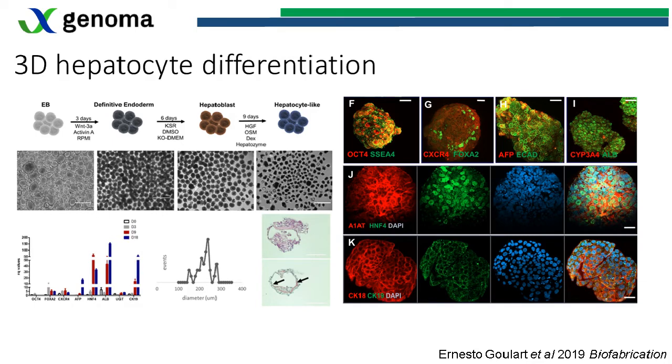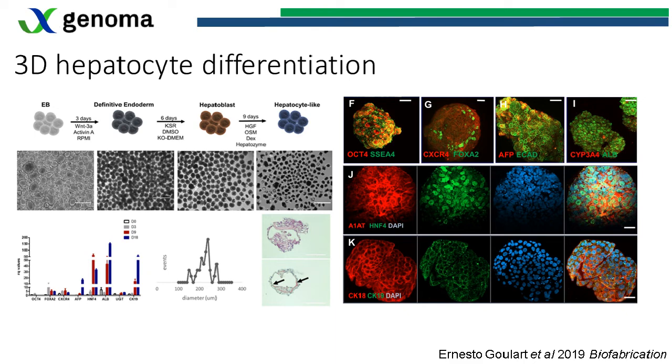At the very first day, the embryoid bodies express pluripotent markers such as OCT4 and SSEA4, and definitive endoderm markers at day 3 such as CXCR4 and FOXA2. At the end of day 9 of the hepatoblast differentiation process, the vast majority of the spheroids that we derived express alpha-fetoprotein and MEK adherent.